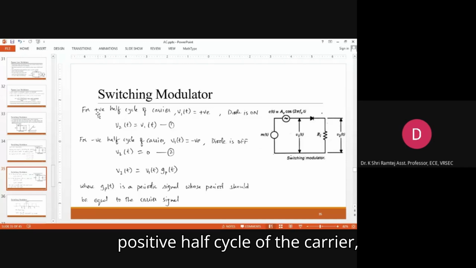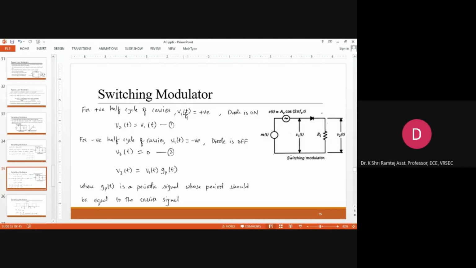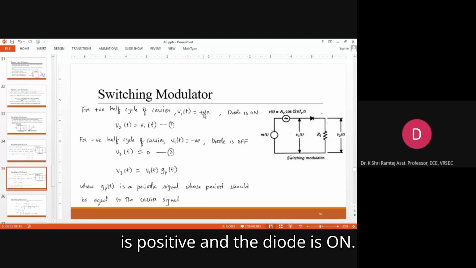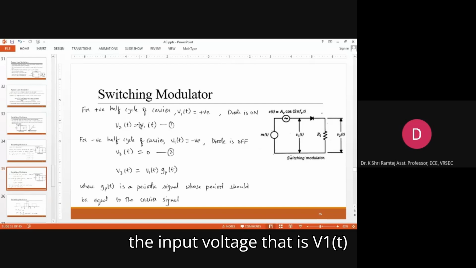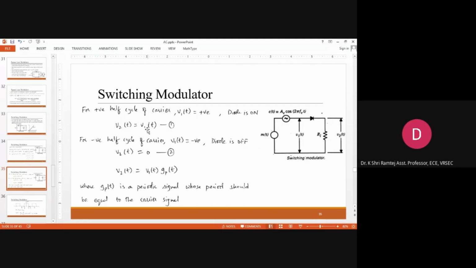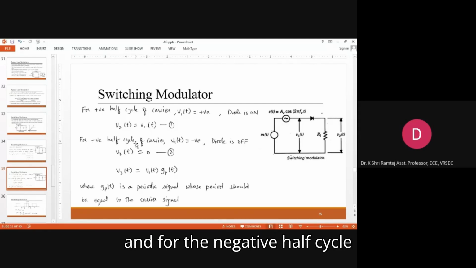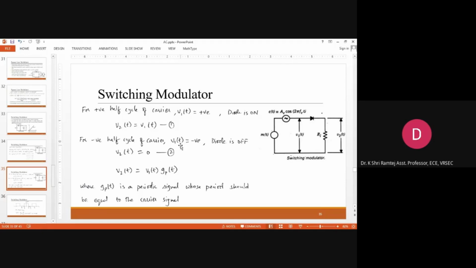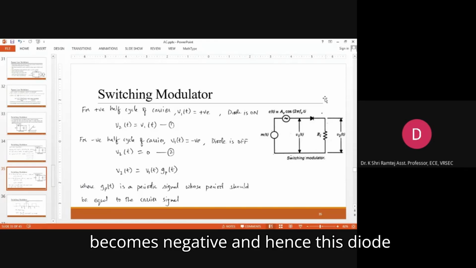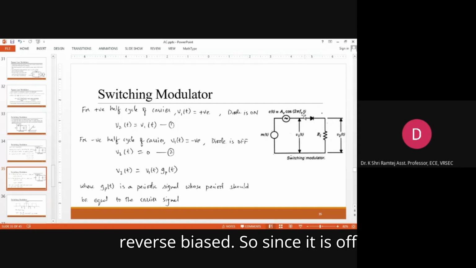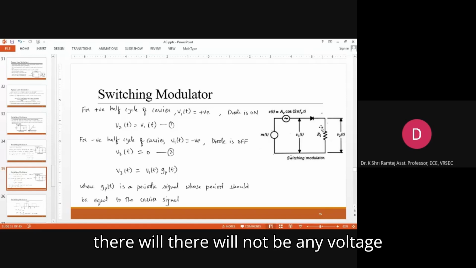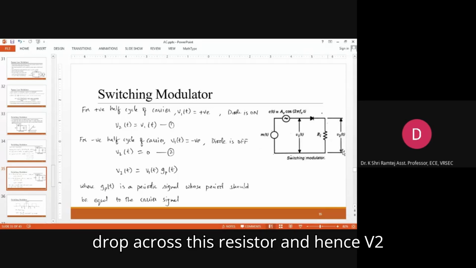For the positive half cycle of the carrier, V1 of t is positive and the diode is on. Since the diode is on, V2 will be exactly the input voltage, that is V1 of t. And for the negative half cycle, V1 of t becomes negative and hence the diode will be switched off because it is reverse biased. Since it is off, there will not be any voltage drop across this resistor, and hence V2 will be 0.